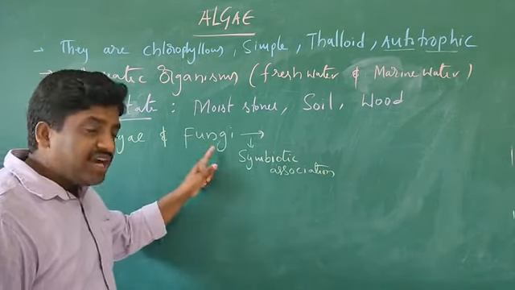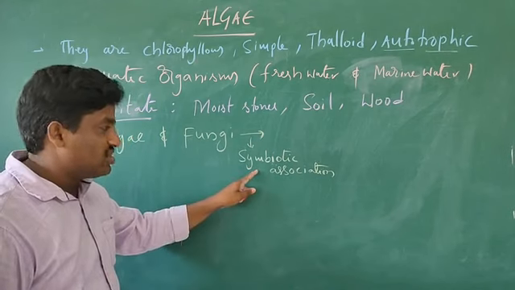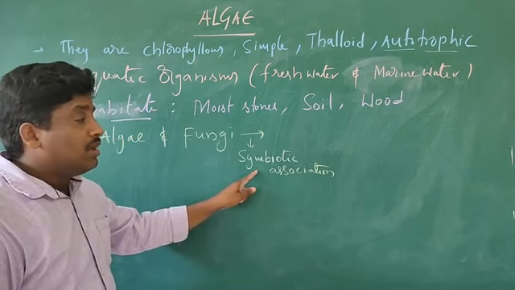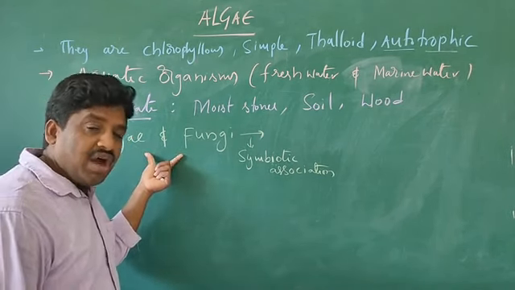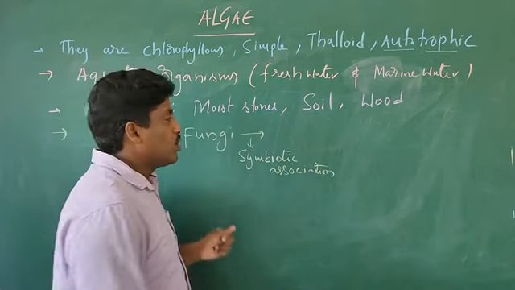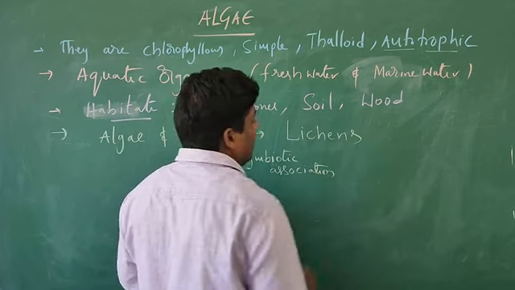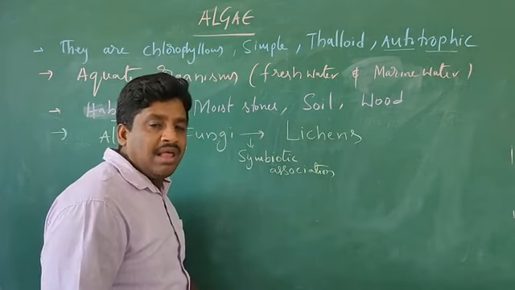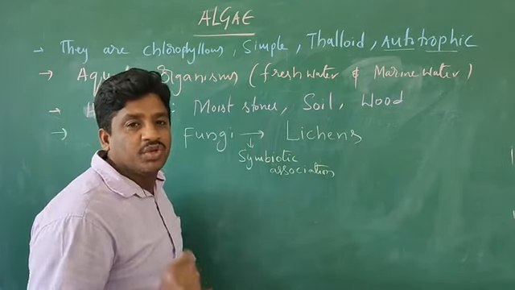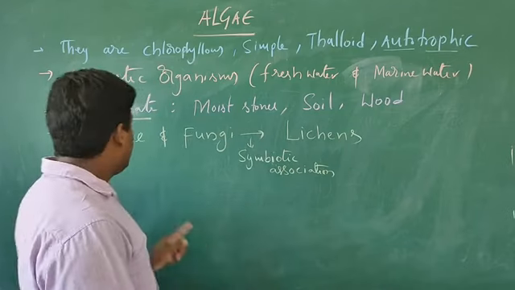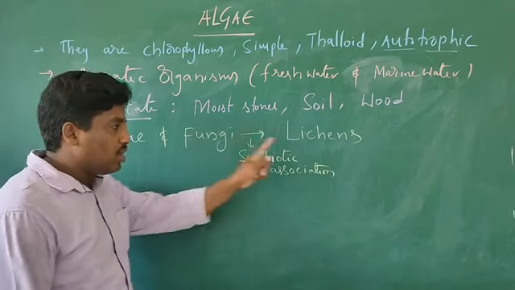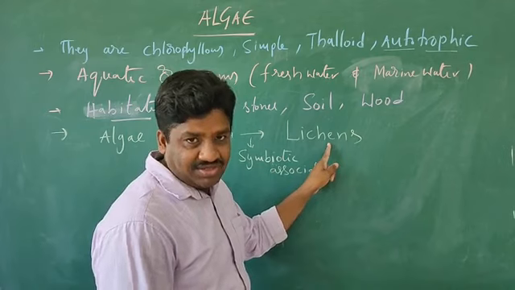The algae and fungi together, in such a symbiotic association, both form one organism, which we call lichens.